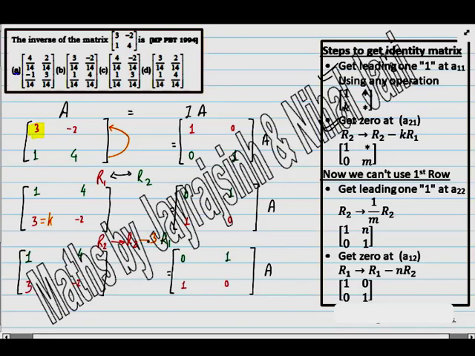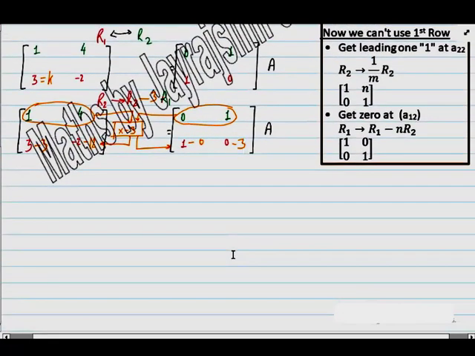Now we have to multiply minus 3 to the first row, and then we will add into the second one. So 1 minus 3 will be minus 3, 4 into minus 3 will be minus 12. Same thing on the right side, 0 into minus 3 will be 0, and 1 into minus 3 will be minus 3.